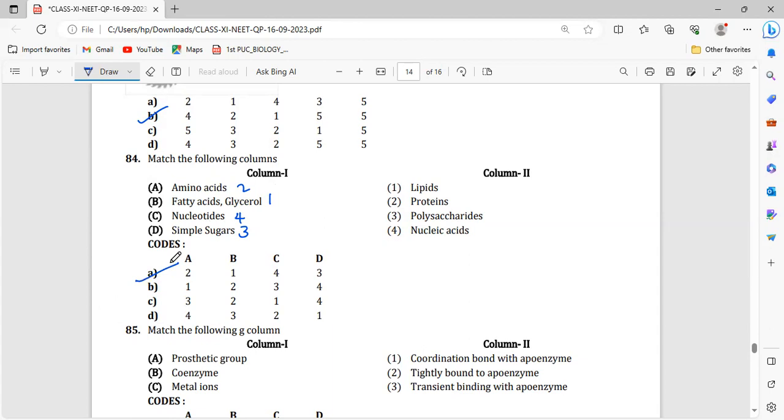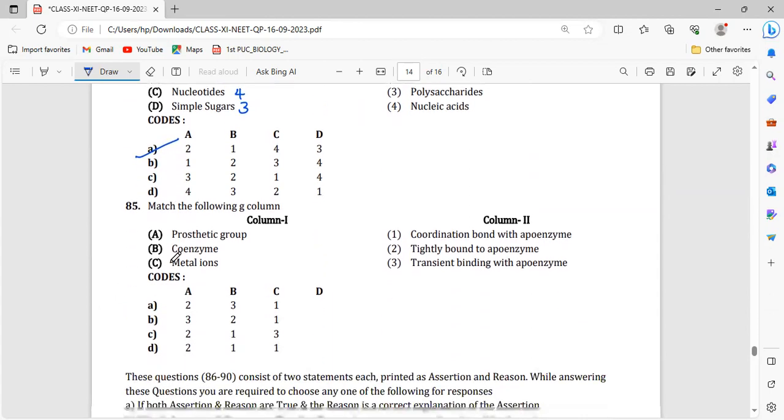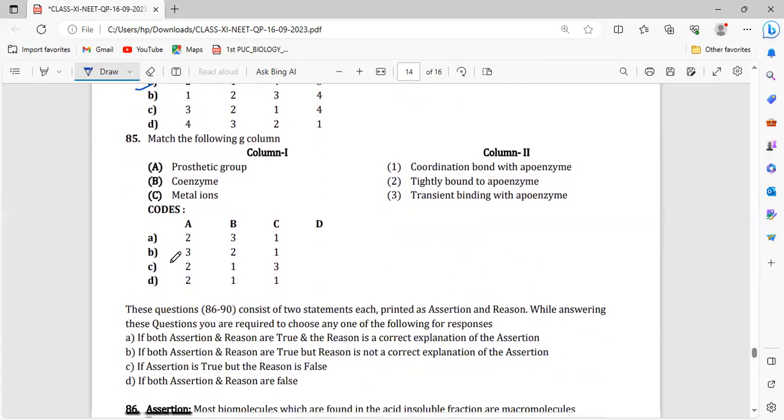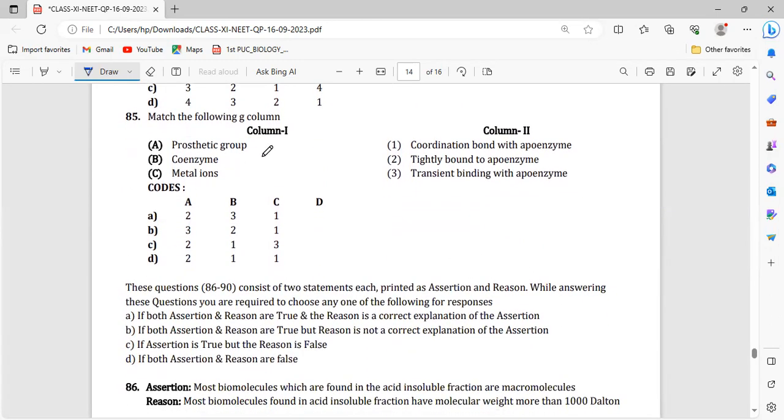Answer is option A. Then 85. Again, prosthetic group is one of the cofactors. Prosthetic groups are tightly bound to apoenzyme. Coenzymes are transiently binding to apoenzyme. Metal ions will form coordination bonds with apoenzyme.